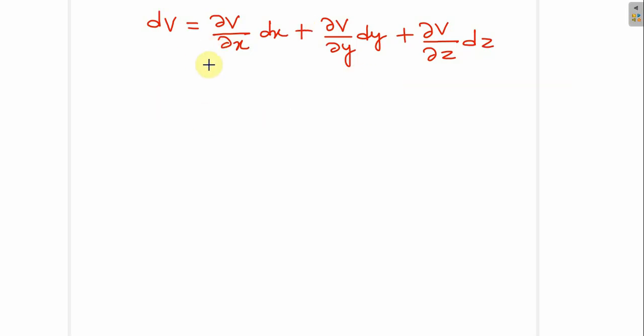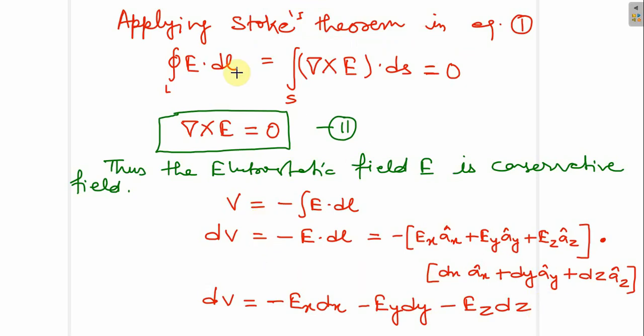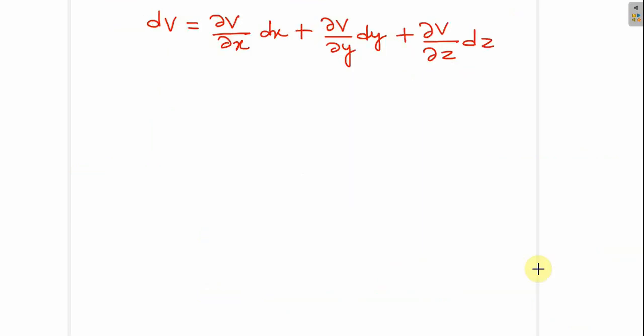So this dV can be written as this. Now let's compare these equations. Let's say this one is our third equation, and this is our fourth equation.